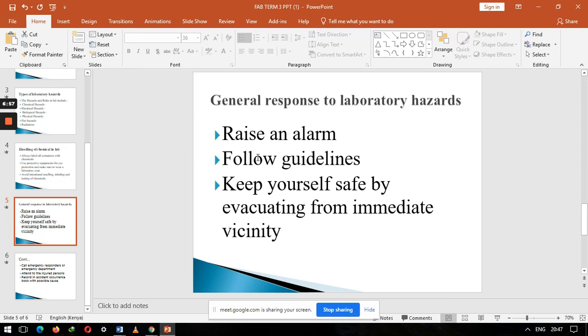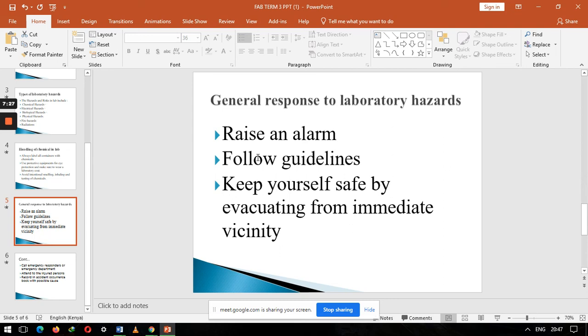I have number one. Deborah, what do we have on our screen? Raise an alarm. Thank you. You have to raise an alarm if there is a fire outbreak in the laboratory, for example. Naomi? You follow the guidelines. Yes, in the laboratory we have rules and regulations on these hazards whenever they occur.